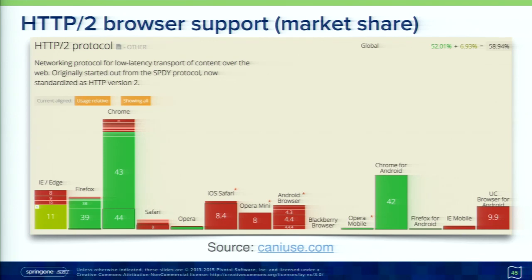It's really well supported, almost 60%. And in maybe a couple of weeks or more, when iOS 9 and the next El Capitan release come out for all Mac products, you can add 10% on top of this with iOS 9 combined with Macs. That'll be even more market share, because yes, HTTP2 will be supported in iOS 9.